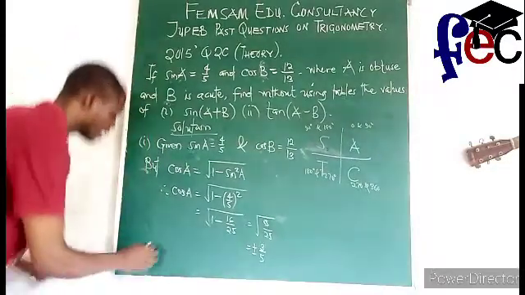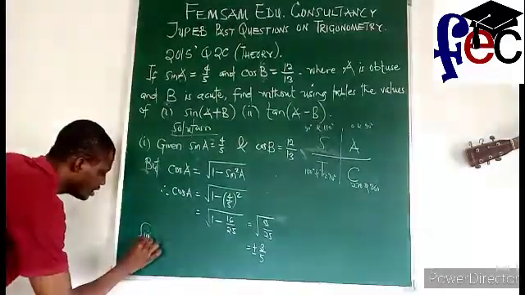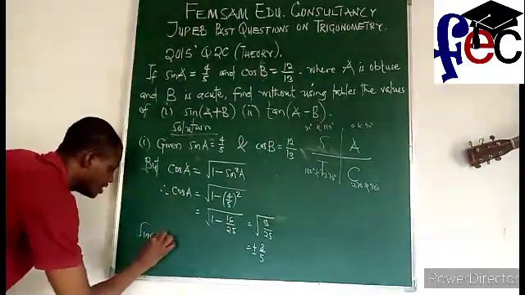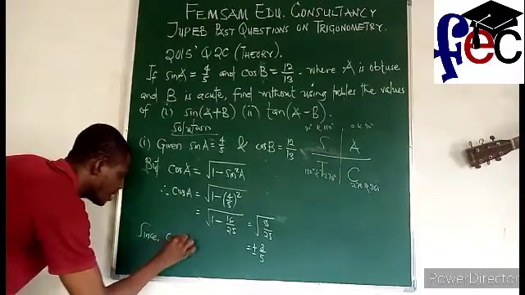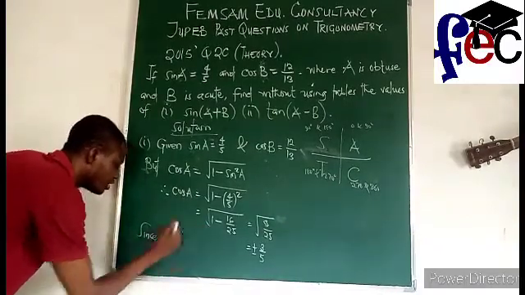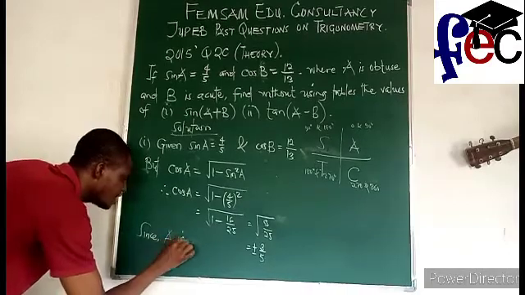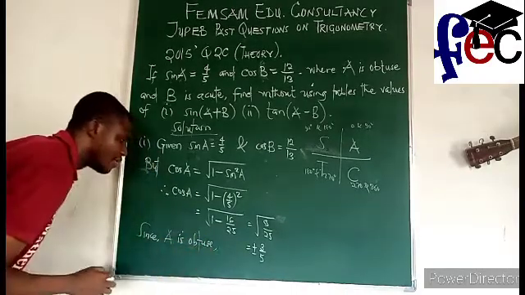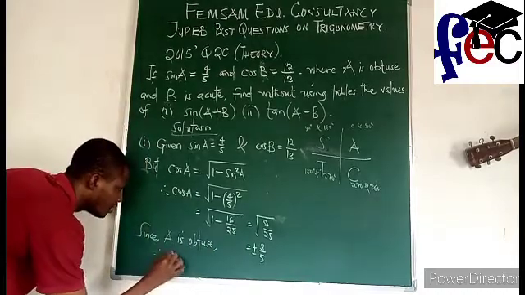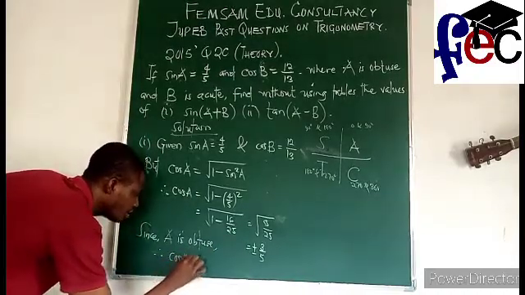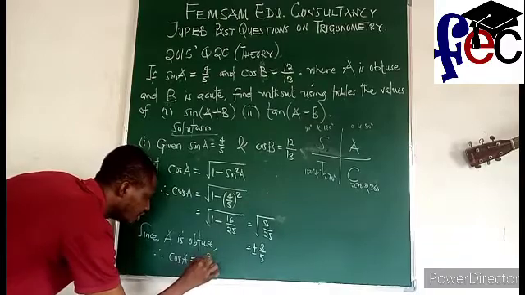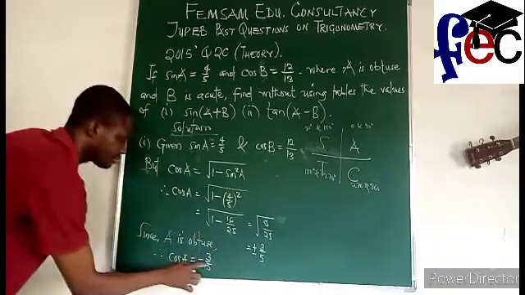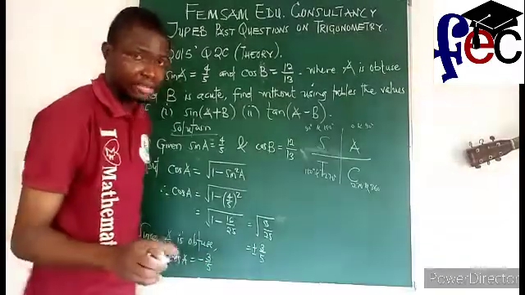So look at me. I will say, since A is obtuse, therefore cos A equals minus 3 over 5. I hope you got that now.